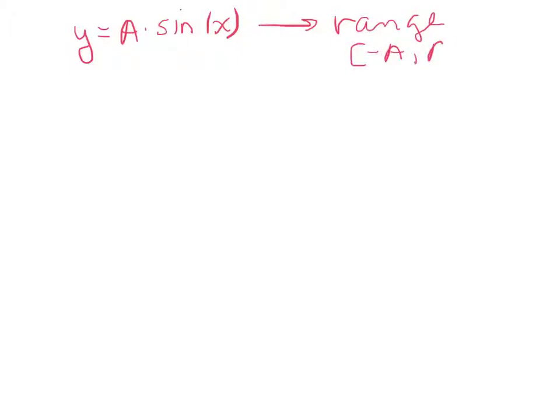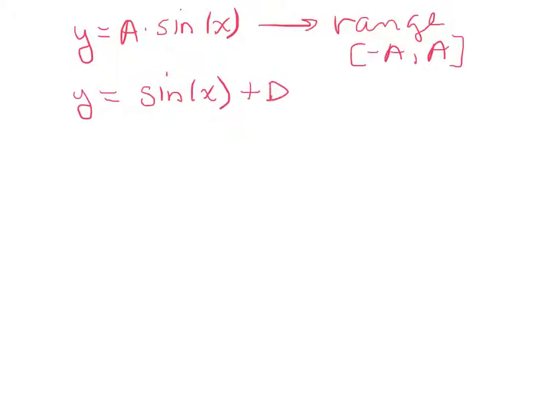So previously we saw that if y is equal to a times the sine of x, this affects the range. And the range actually is just going to be -a to a. Another way to change the range is if we talk about sine of x plus d.